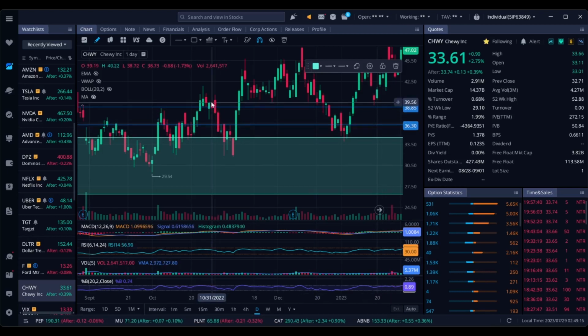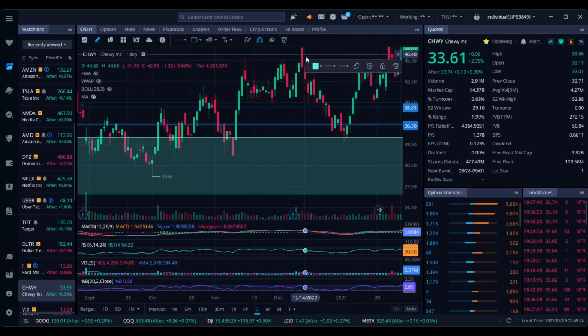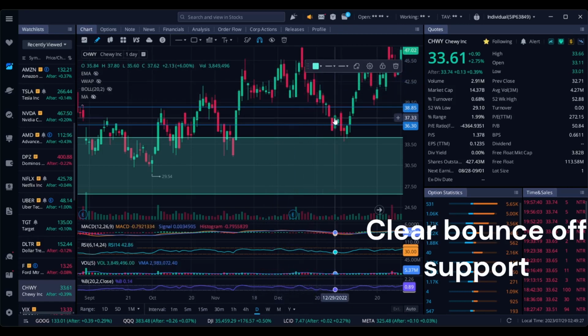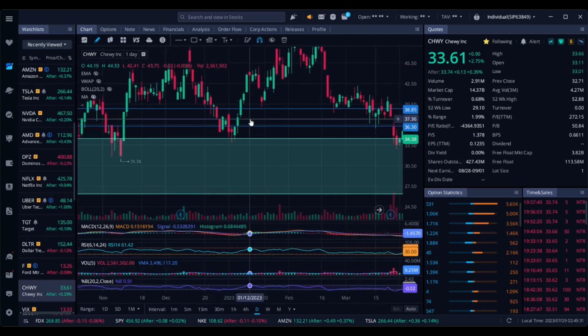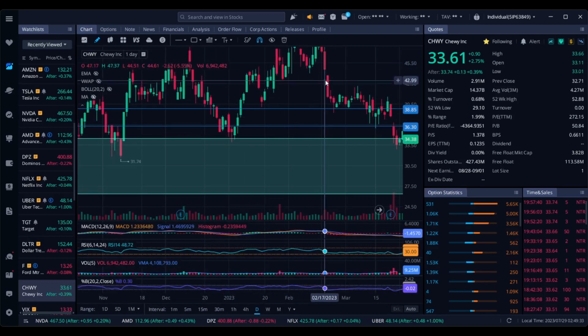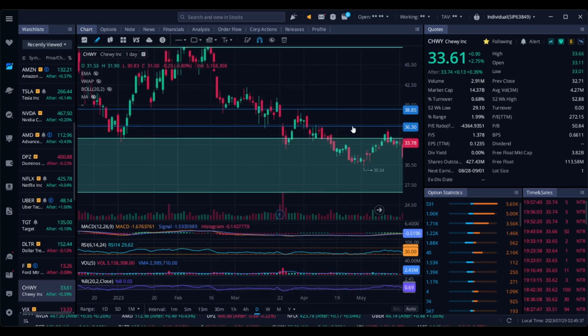So boom, price came to this area, bounced again, moved sideways for a little bit, had some ups and downs, came back down, bounced again. Look, went back up, came back down, bounced off of this level again.